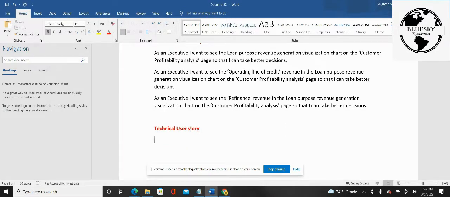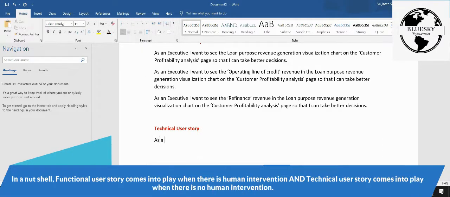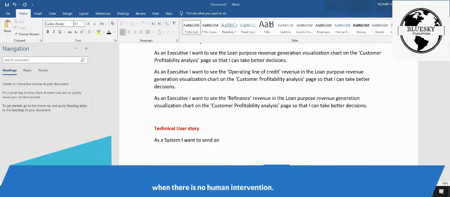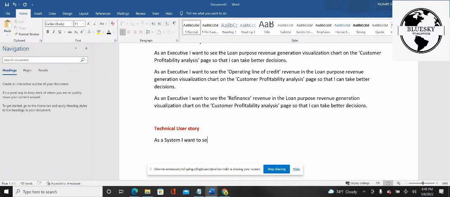Do see the skeletal structure. As a system, I want to notify the executive via email if revenue goes below, I don't know, $10,000.